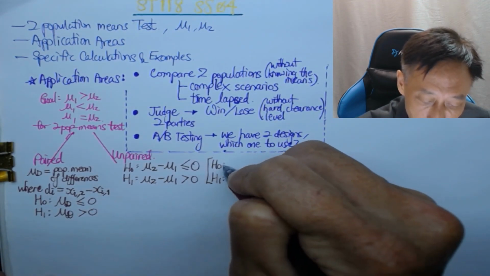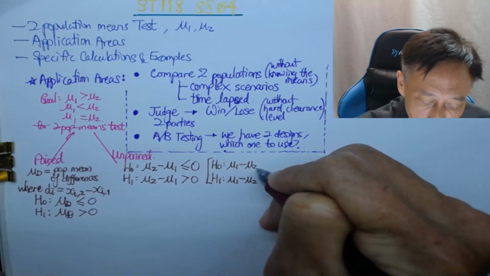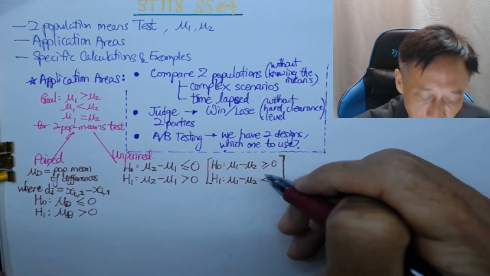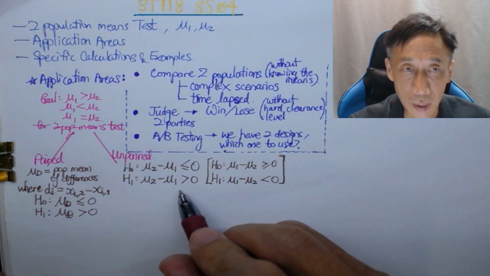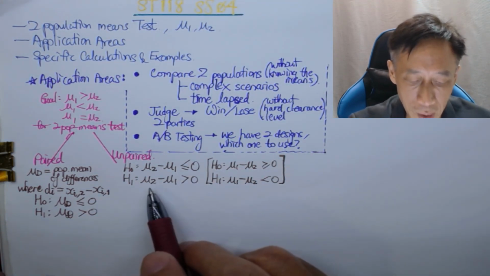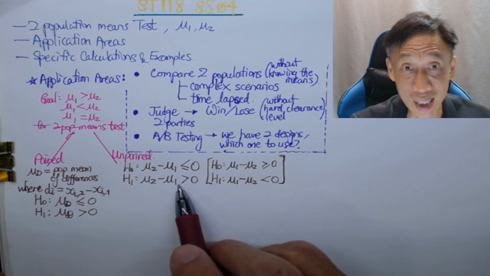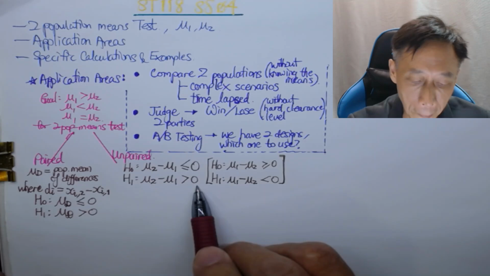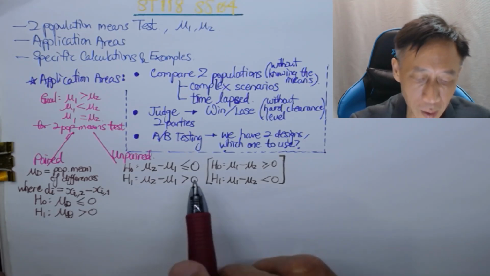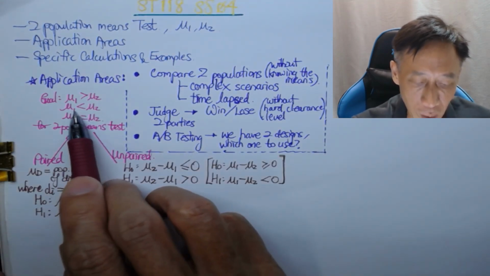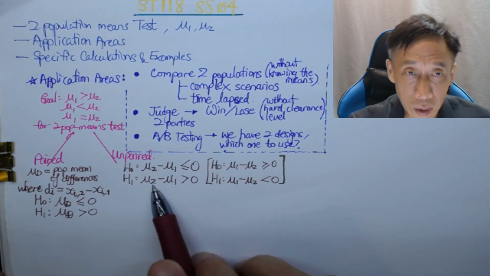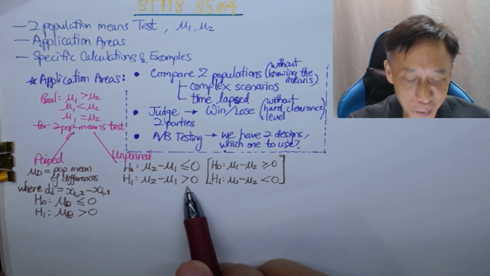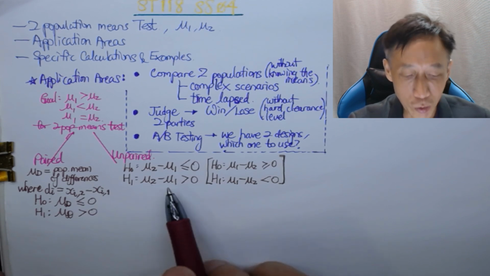And therefore, our H naught must be mu1 minus mu2 is greater or equal to 0. So if you write it this way, even for the same claim that we suspect the population mean of 2 is larger than 1, we suspect. So mean of 2 minus mean of 1 must still be positive, isn't it? If that's the claim, this way is clearer because just like what I just said, you are suspecting mu2 is larger than mu1.